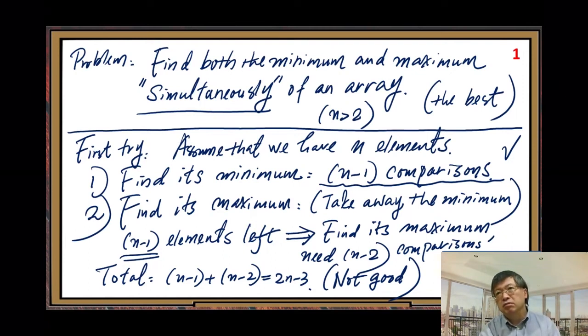You should collect a lot of useful information in the first step. But that part of information, you do not use it. When you go to step 2, you throw away the information from the first step and you just work on finding the maximum without using any useful information from the first step. That means you waste a lot of comparisons. So that's the problem.